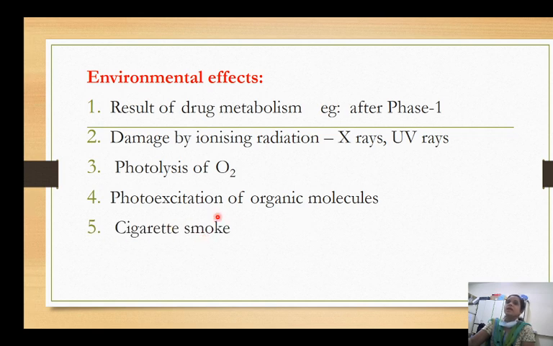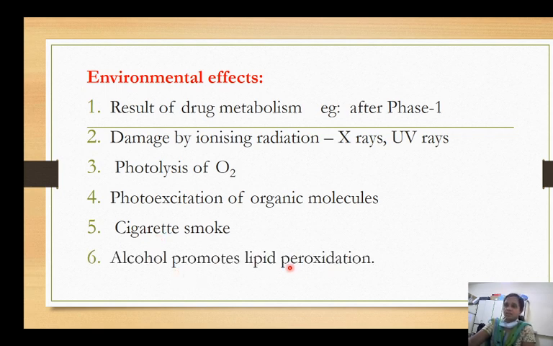Next, cigarette smoking. Cigarette smoke is associated with more than 1,000 types of toxic substances, and all these toxic substances can bring about the formation of free radicals. Alcohol promotes lipid peroxidation. As I told you, the phospholipid that forms the cell membrane will undergo peroxidation.